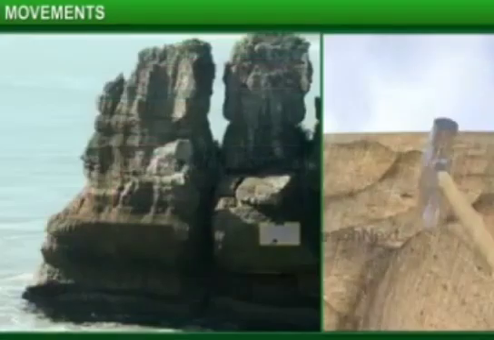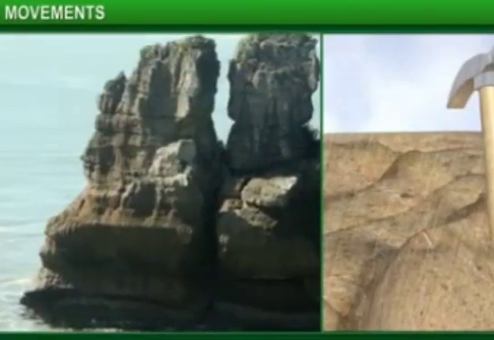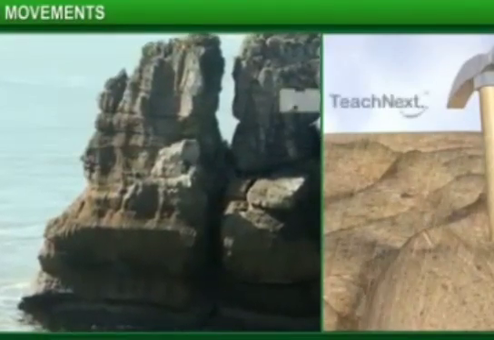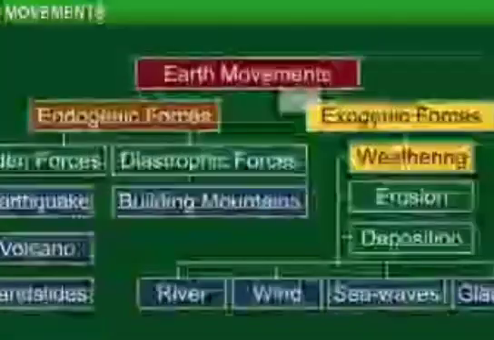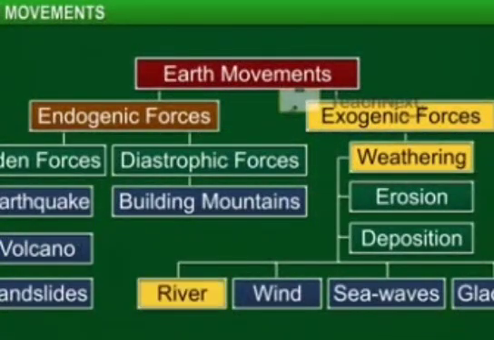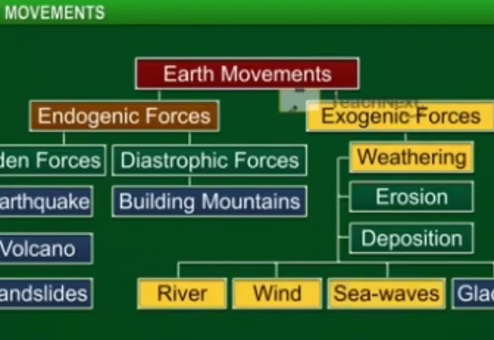Weathering is the breaking of rocks on the Earth's surface by different agents. These agents could be rivers, wind, sea waves, and even ice in the form of glaciers.